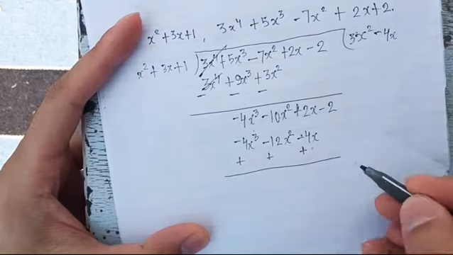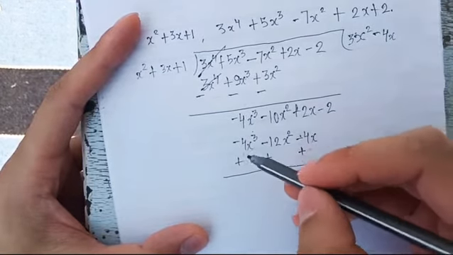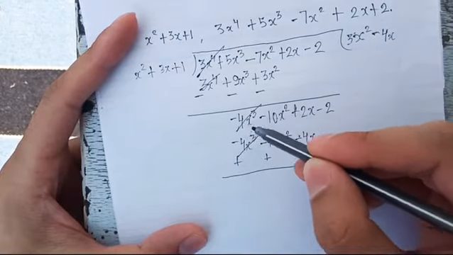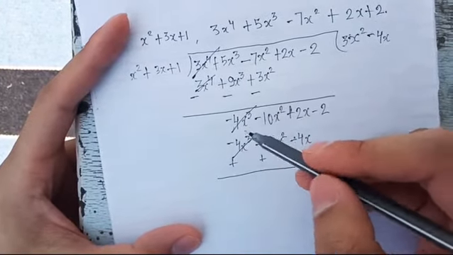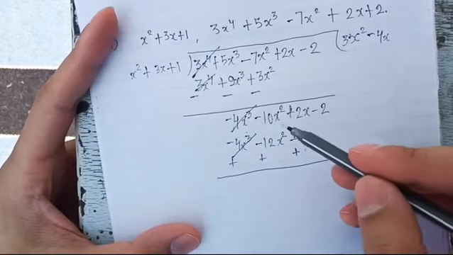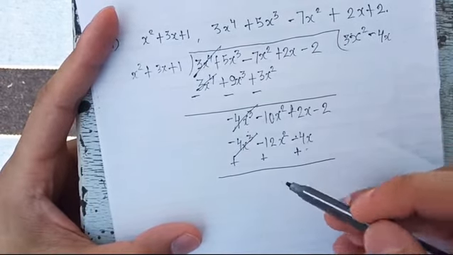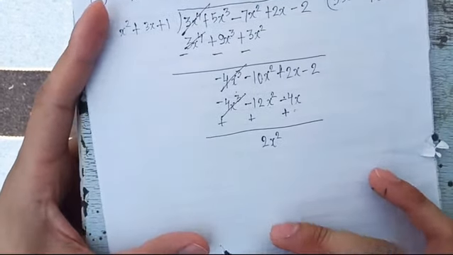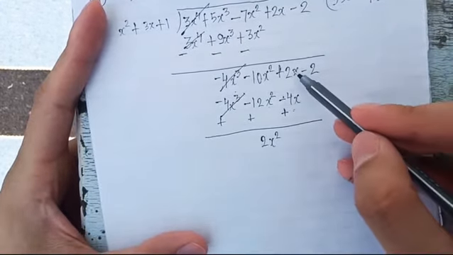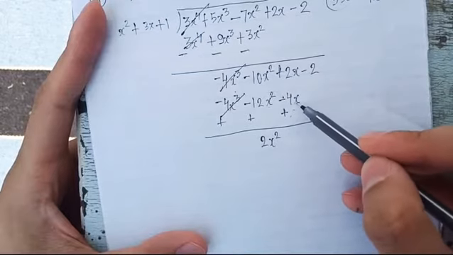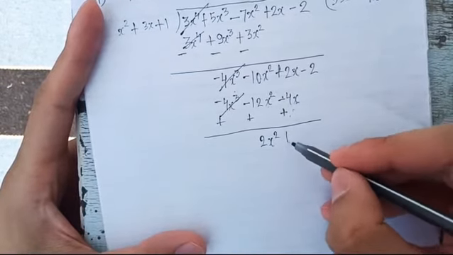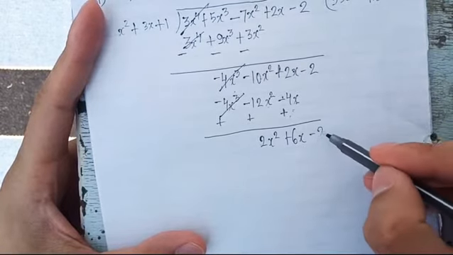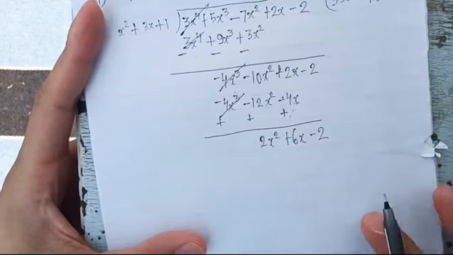Now 4x cube and this 4x cube will cancel out, their signs are different and they are the same quantities, so they will get cancelled. Minus 10x square and plus 12x square will become 2x square. 2x and plus 4x will become plus 6x, and minus 2 as it is.